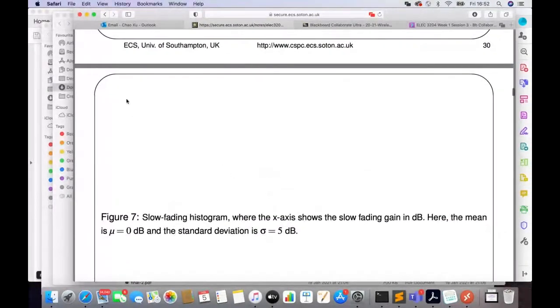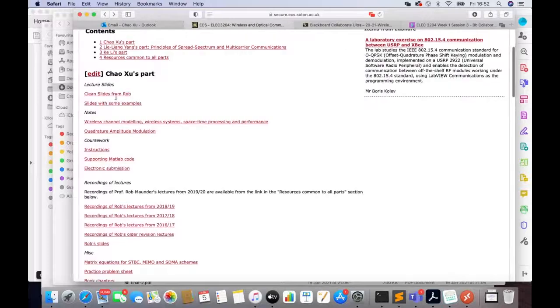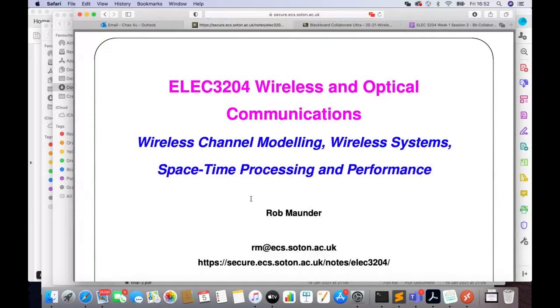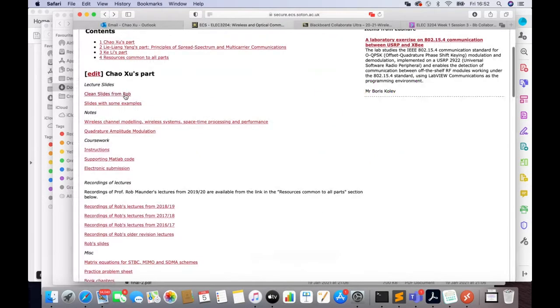For example, here it's blank. So, very important for revisions, you should always refer to the old slides produced by Rob Monder on the website. They have everything you need to learn. For my version, I will continue to add more examples as we go, but those examples won't be in exams. So it's very important that you look at the right version when you prepare for exams.